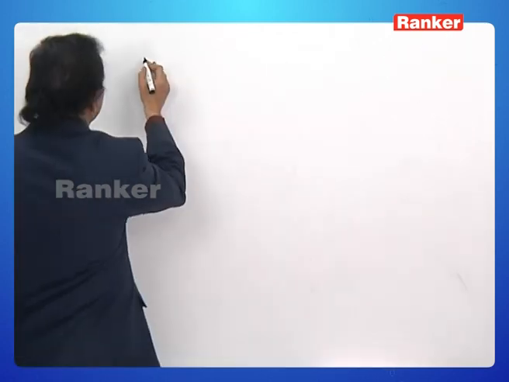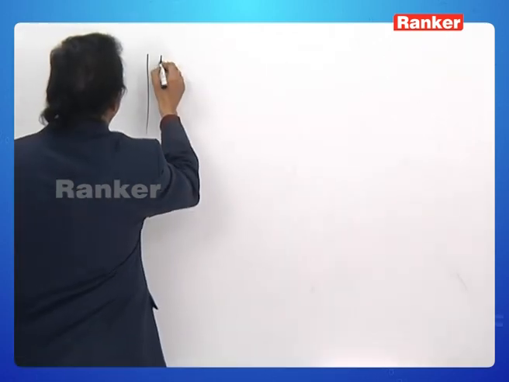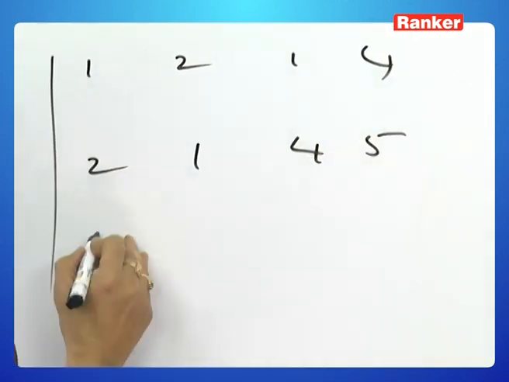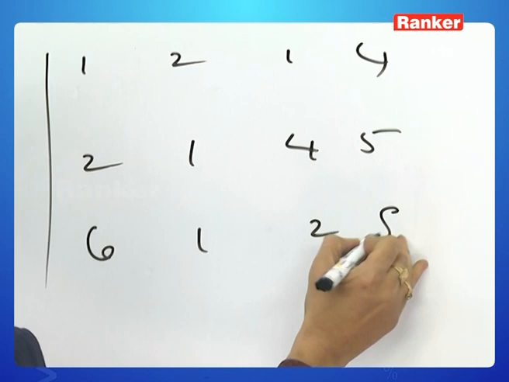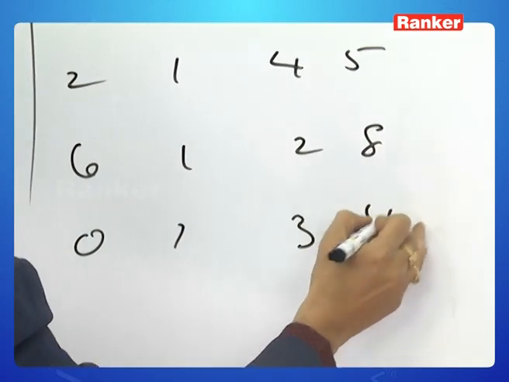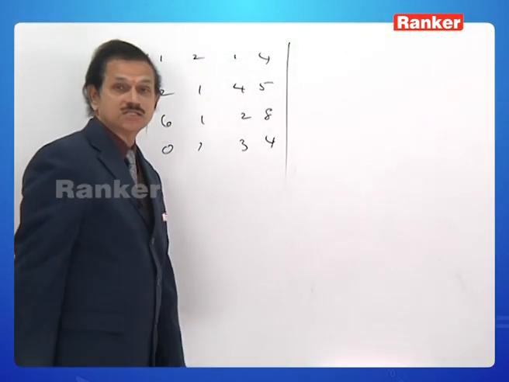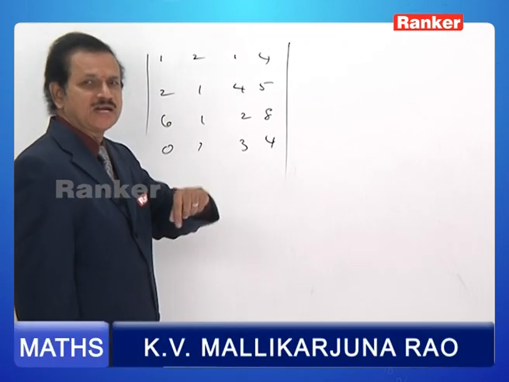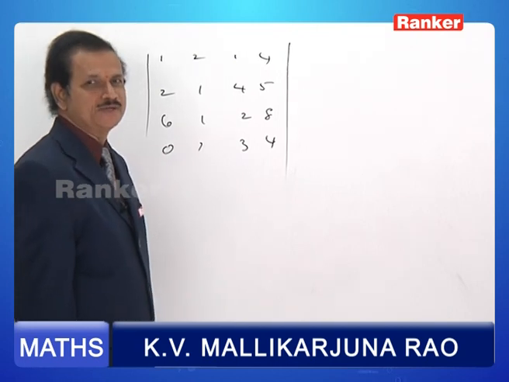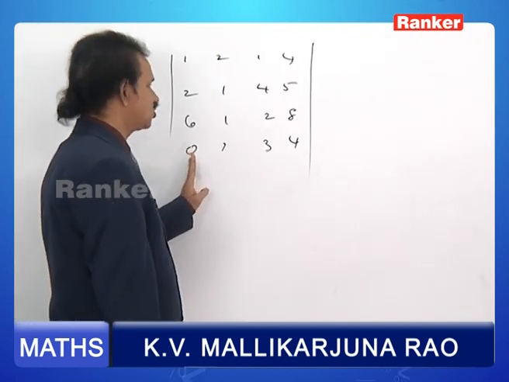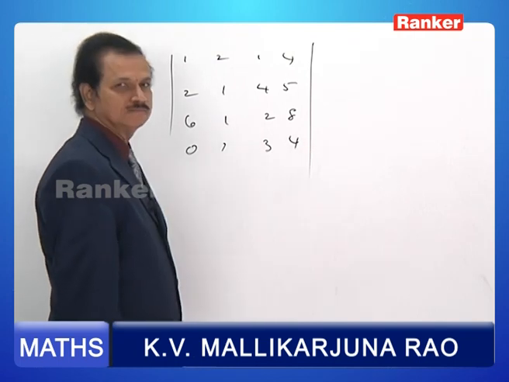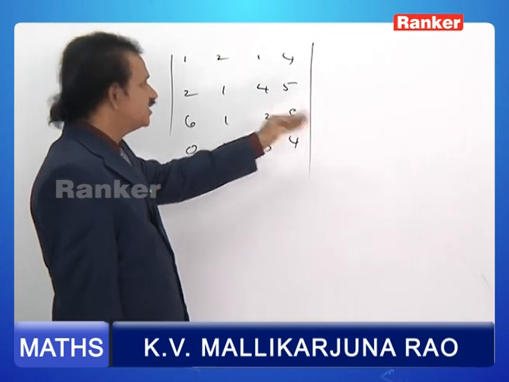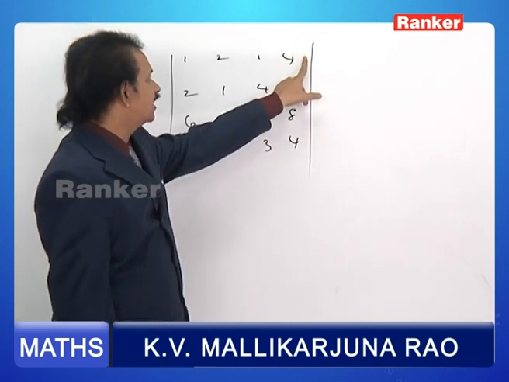Next one, you consider this example. 1, 2, 1, 4; 2, 1, 4, 5; 6, 1, 2, 8; 0, 1, 3, 4. What do you say about this? This is a 4 by 4 determinant. Suppose in a particular case, you may need to shift this first column to the fourth place.